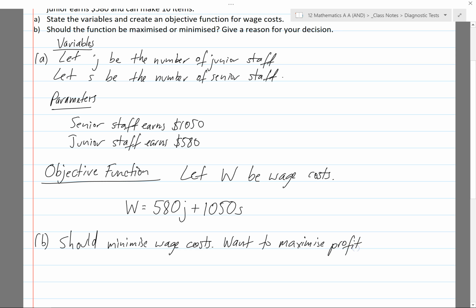So because I'm running the factory and I want the maximum profit, I need to make sure my costs are as low as possible. Okay, so that's the question done.